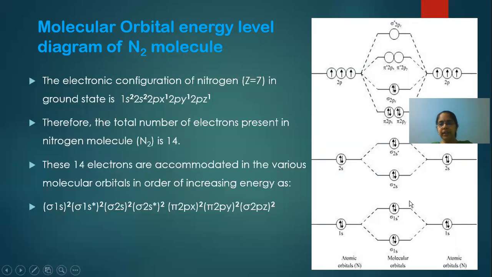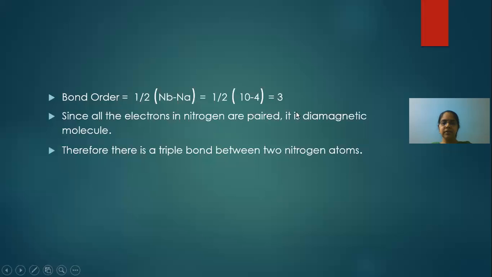Now, if we see in this molecular orbital energy level diagram for nitrogen, all the molecular orbitals are completely filled with 2 electrons. Whatever the electrons are distributed in the molecular orbitals, those molecular orbitals are completely filled. Now there are no unpaired electrons in nitrogen. So the nitrogen molecule is diamagnetic in nature.